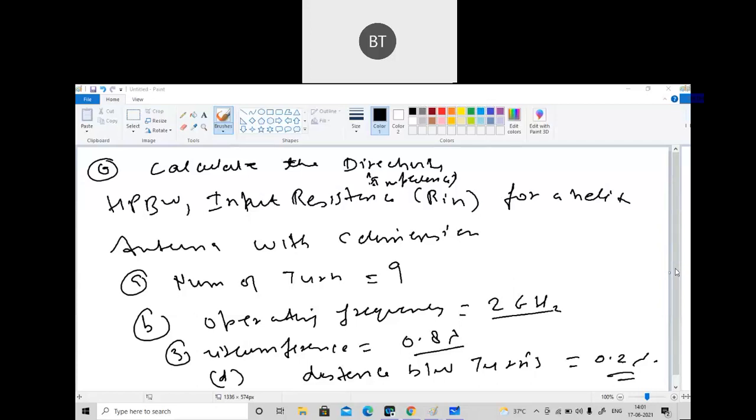Okay, yeah, fine, correct. Avantika, what is your half power beam width? What are you getting? Avantika?